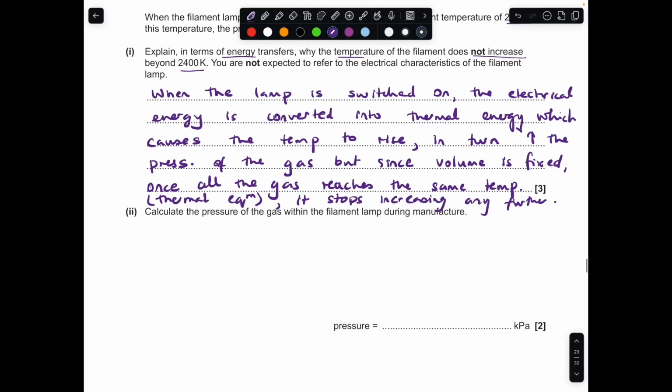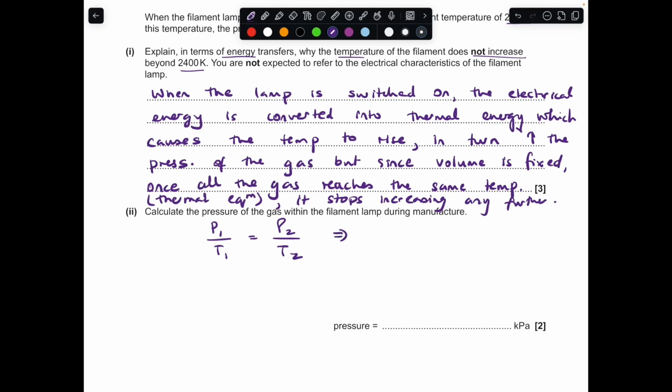Calculate the pressure of the gas within the filament lamp during manufacture. We know that PV equals nRT, and we also know that pressure is proportional to temperature. So we can rewrite P1 over T1 is equal to P2 over T2, as volume is fixed.